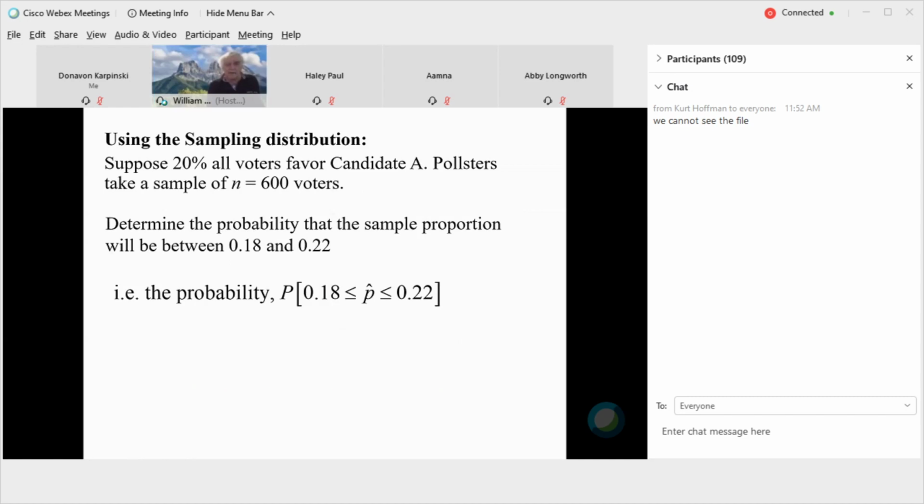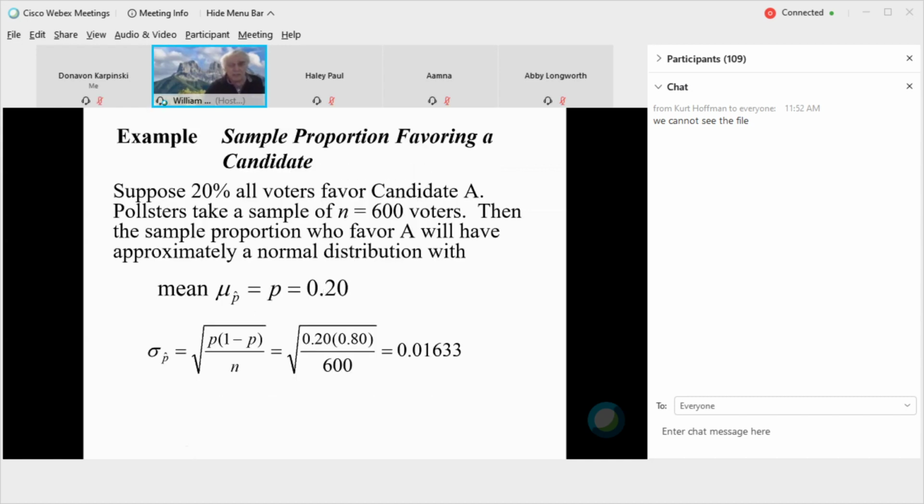We want to know how accurate a sample will be. What's the probability that p hat will be between 0.18 and 0.22? So that's within 2 percentage points of p. We know that p hat has a sampling distribution with mean 0.20 and standard deviation 0.01633.